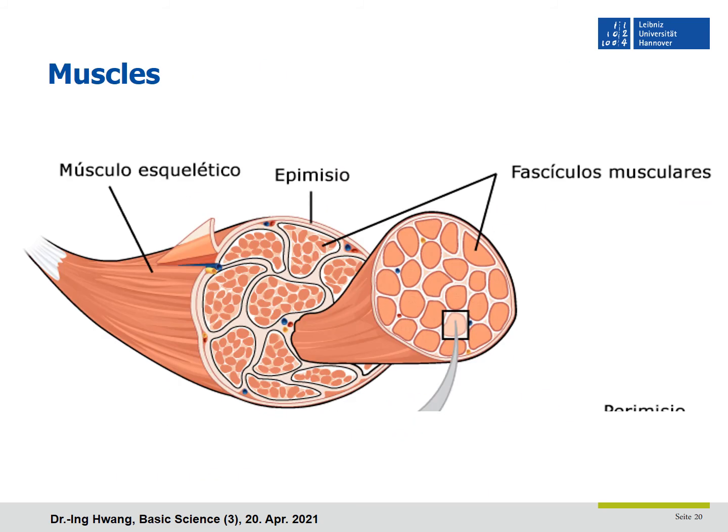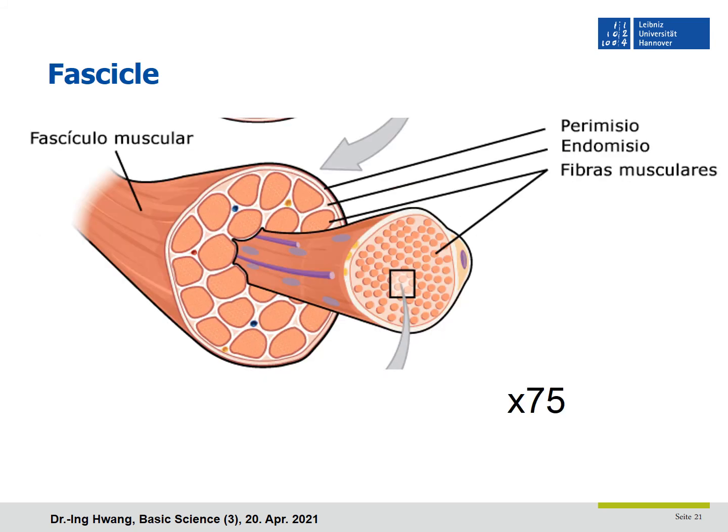Now we will talk about muscles. First, we will see the structure of the muscles. It consists of a number of fascicles. When zooming in 75 times bigger, we can see fascicles are made up of a lot of muscle fibers.